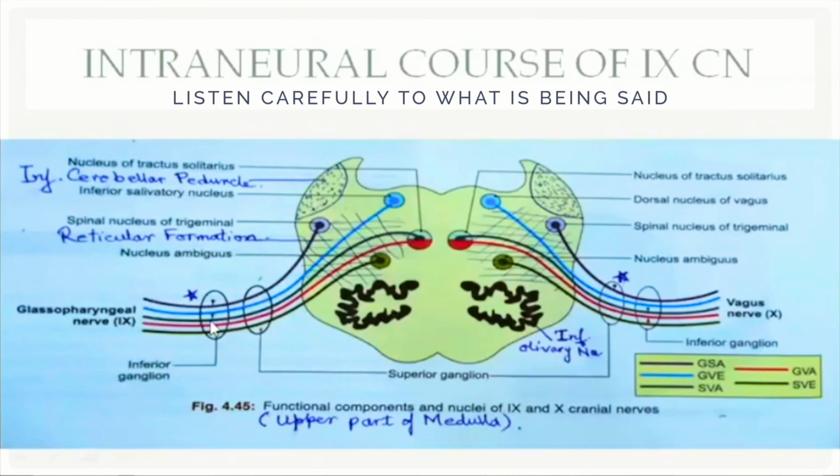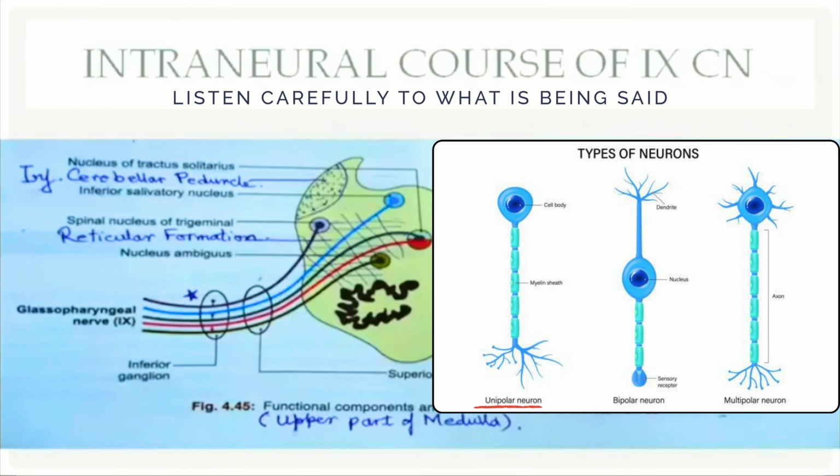Now let me ask you, there are some sensory fibers which do not have their cytons outside the CNS. First order sensory neurons having the cytons within the CNS is only in case of one tract, and that is the proprioceptive sensations from the head and neck region. Those are the proprioceptive sensations brought in from the muscles of the head and neck area, because they are the unipolar neurons.